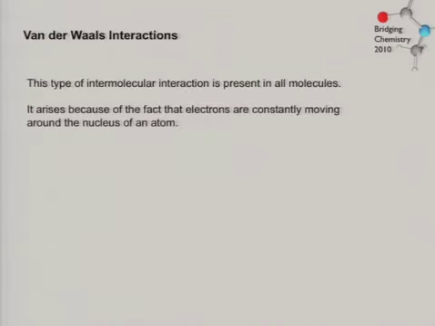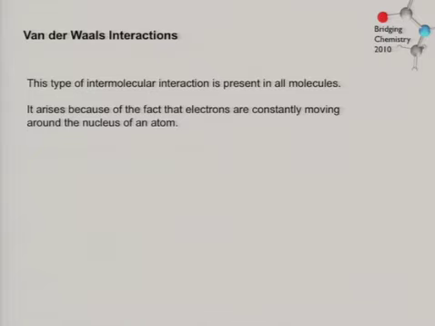So the first one, which are part of the London dispersion forces, these are called van der Waals interactions. So this type of intermolecular interaction is present in all molecules, okay? And it's a fairly weak interaction. And it arises because electrons are moving around the nucleus all the time.